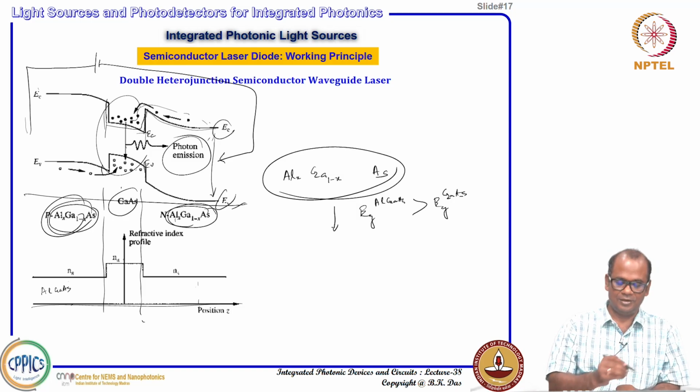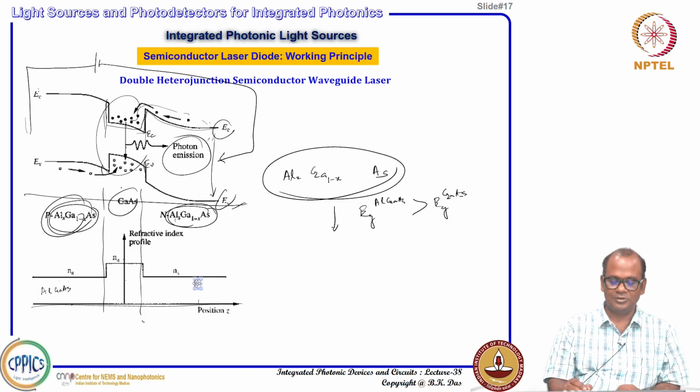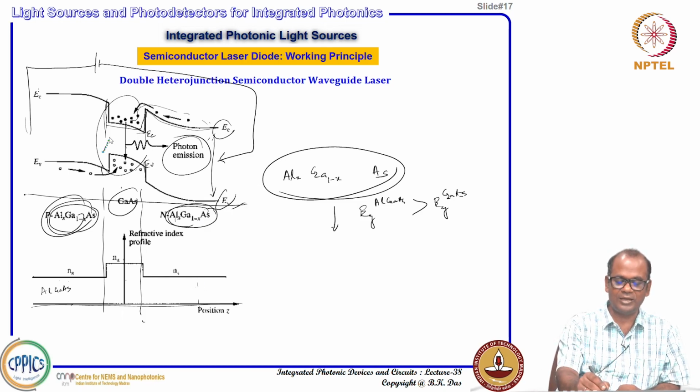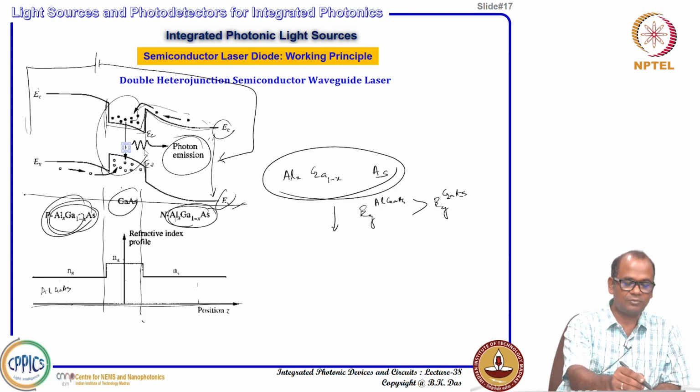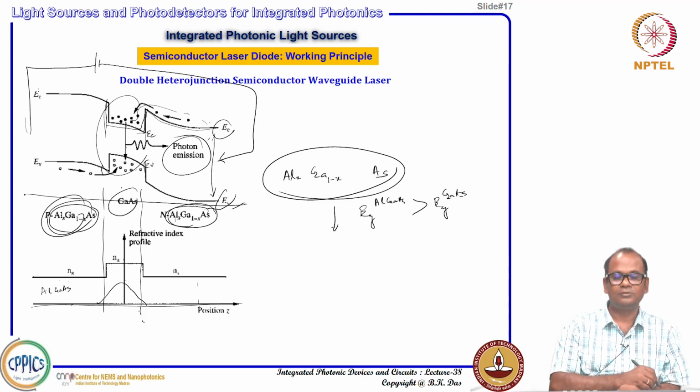You can imagine lower refractive index, higher refractive index, lower refractive index. So, light can also be confined in this region, like this.